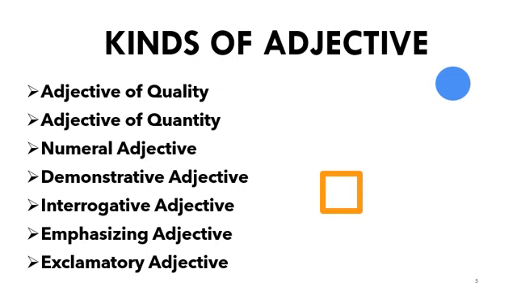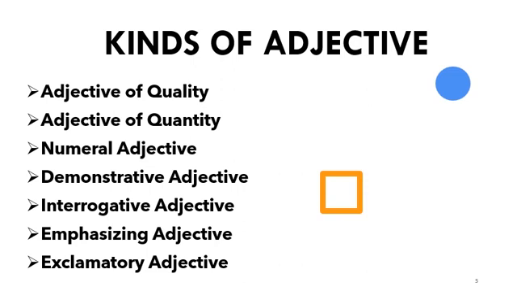Another thing is that these cardinals and ordinals are classified under definite numeral adjectives. So these adjectives of number or numeral adjectives are of three kinds. The first one is definite numeral adjective, which are cardinals and ordinals. Then we have indefinite numeral adjectives, in which the number is not defined, like some, many, all, few.